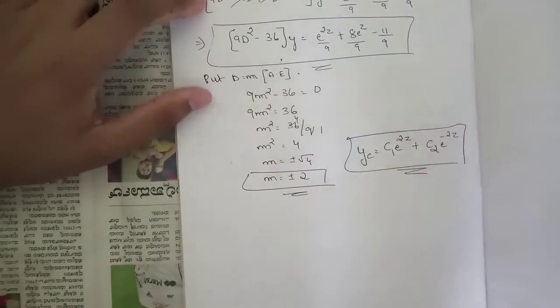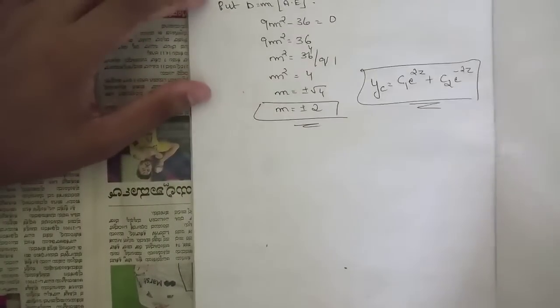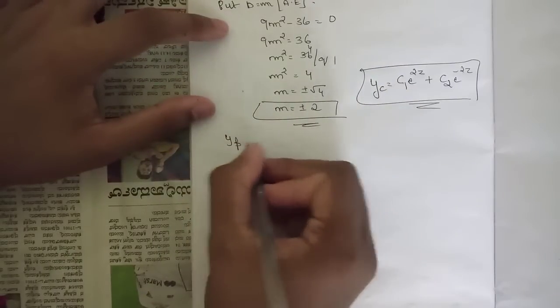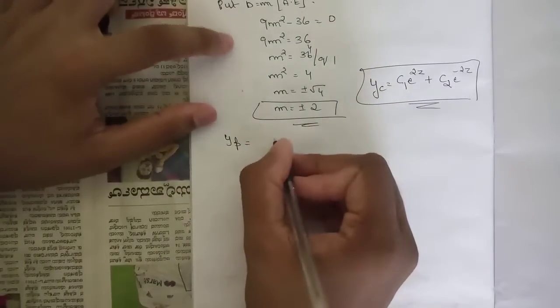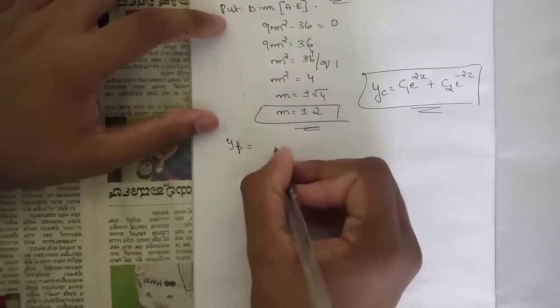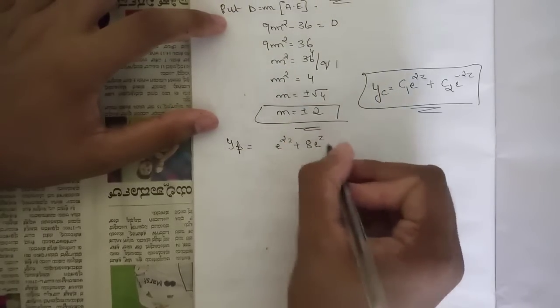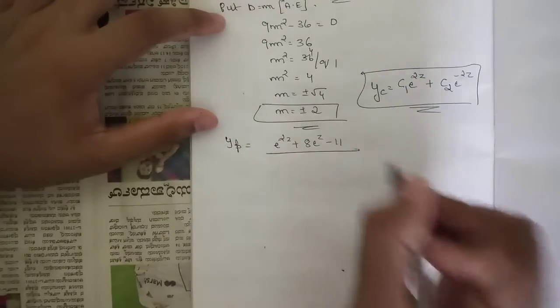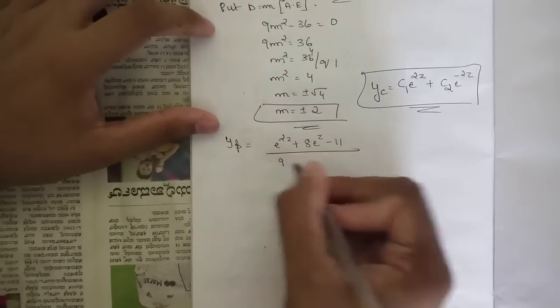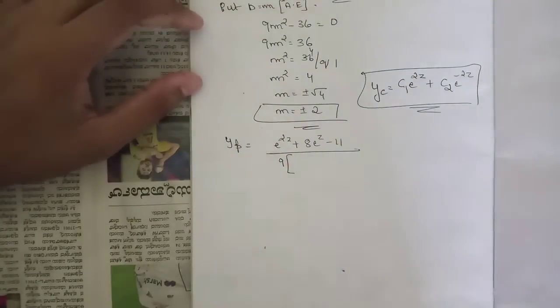Okay, yeah, so now we'll solve for the particular integral, that is what we got, r of z, e power 2z plus 8 e power z minus 11 divided by 9 into f of D, right?